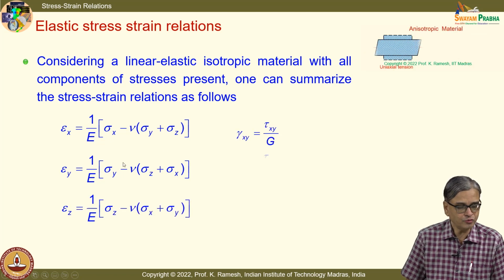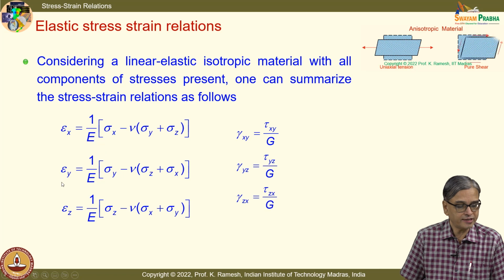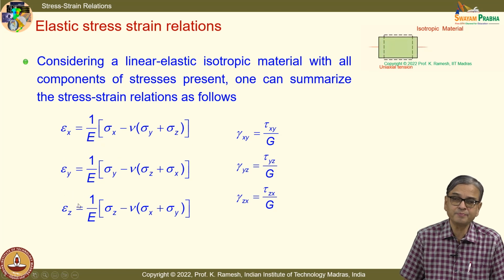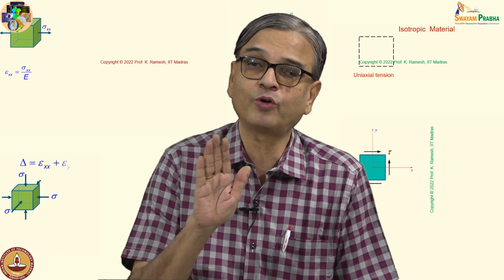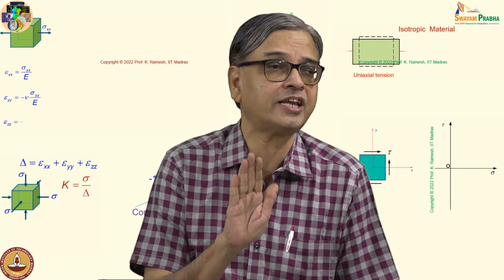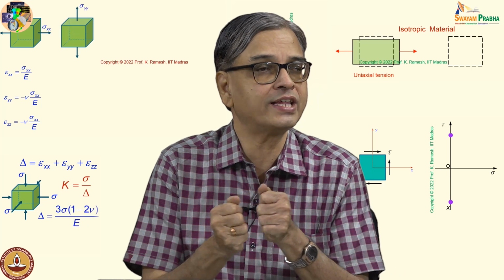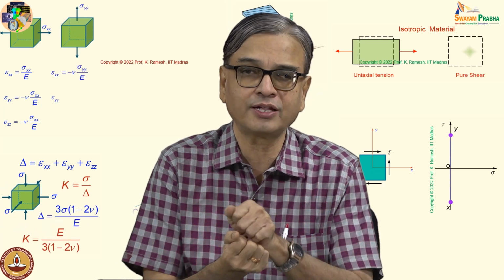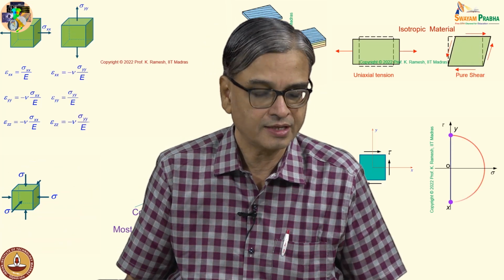And I cautioned you, when you look at the tension test, when stress strain relation is asked, people simply say epsilon y equal to sigma y by E. That is valid only in the case of a simple tension test where I apply a uniaxial loading in the vertical direction.